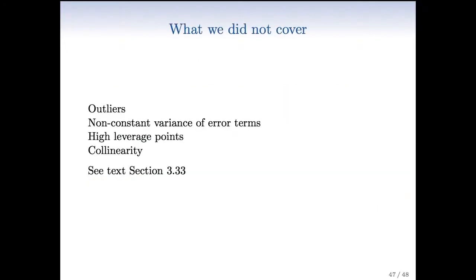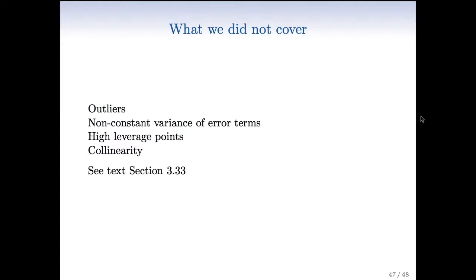Okay, so we've reached the end of this session. If you read along in the chapter, you'll see there are some topics we didn't cover. We didn't cover outliers, non-constant variance of the error terms, high leverage points, which means observations in X that really stick out far from the rest of the crowd, and what effect they have on the model.